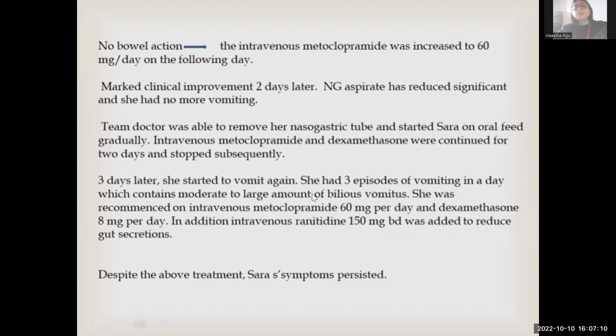Why did she develop it all of a sudden again in 3 days' time? Do you have any idea? Yes, in the chat box. What is it that happened that she developed her symptoms right away after 3 days?